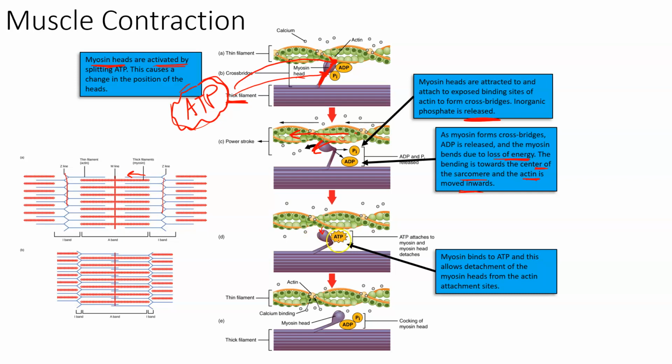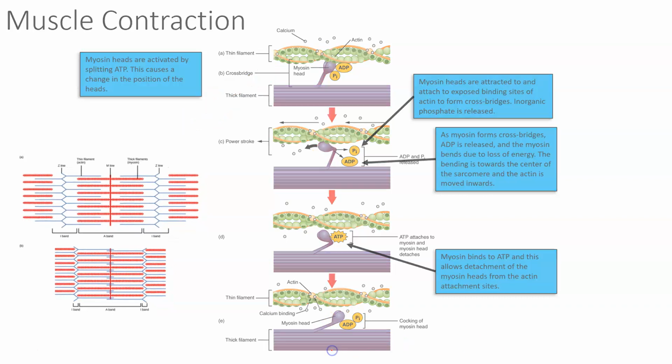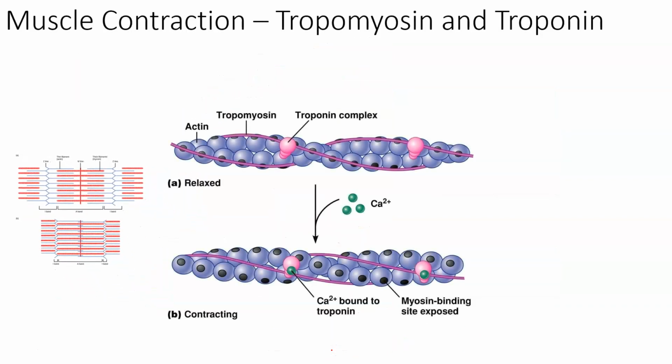It's going to attach to an ATP, and it's therefore going to split the ADP from inorganic phosphate again, and those are going to stay bound, and as long as those two things are bound to the myosin head, it's no longer going to bind to that actin, and it's going to cause the myosin and actin to release, and therefore end the contraction, and it can cause the muscle to relax.